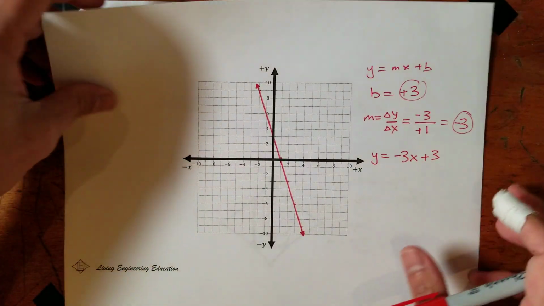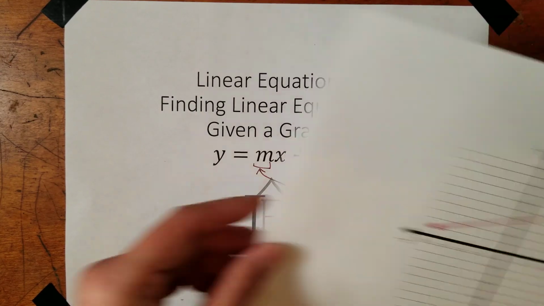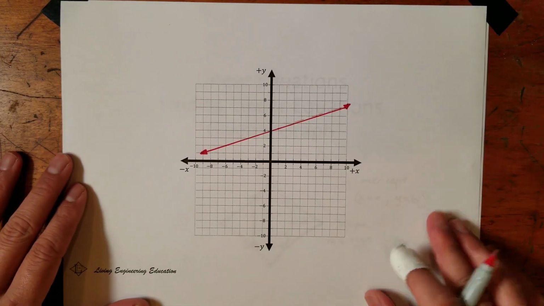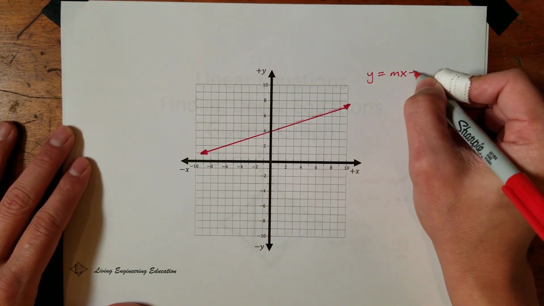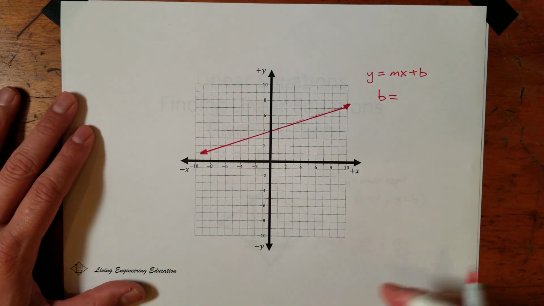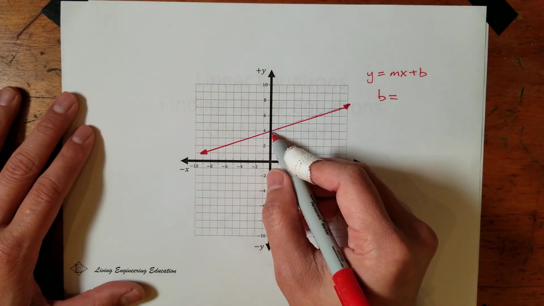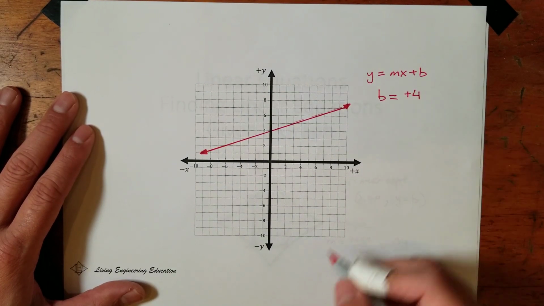Okay, let's take a look at one more example problem. Well, actually, we have two more example problems. Here's another one, and we're going to go through the exact same process. So first, we identify what the y-intercept is. If you're able to see it, go ahead and write it. That's right there where it intersects. So +4.